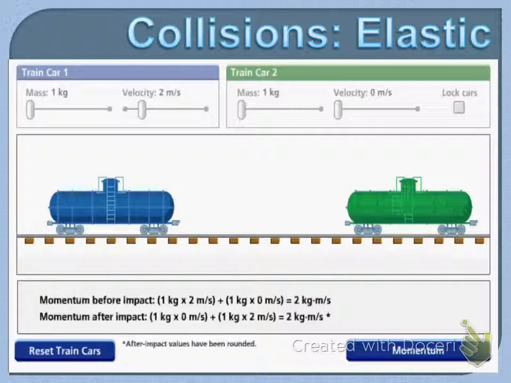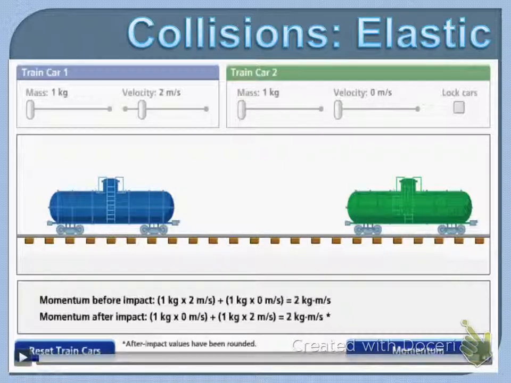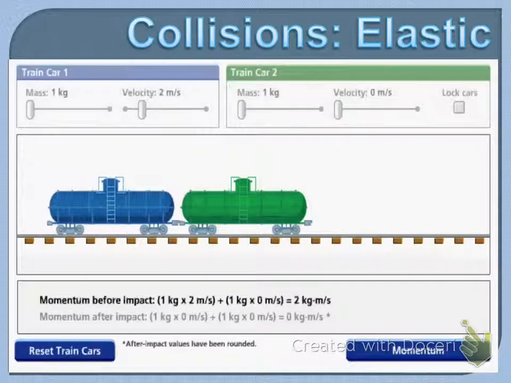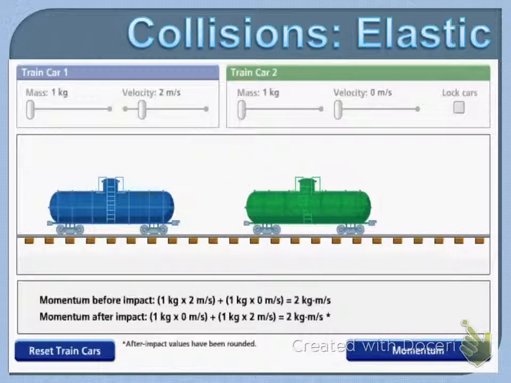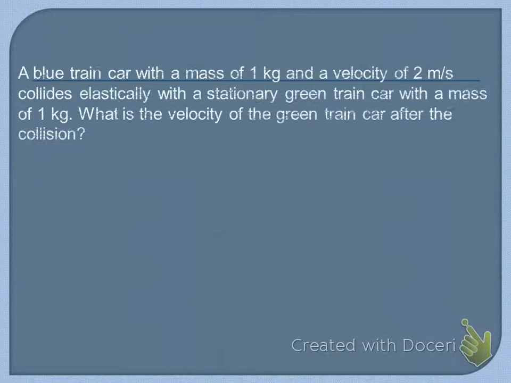So there's been a transfer of momentum from the blue train car, which had all of the momentum of the system before the collision. It transfers it to the green car, and after the collision, all of the momentum of the system is now contained in the green car. I'll play it one more time just for fun. Okay, so now let's go on to our next slide.